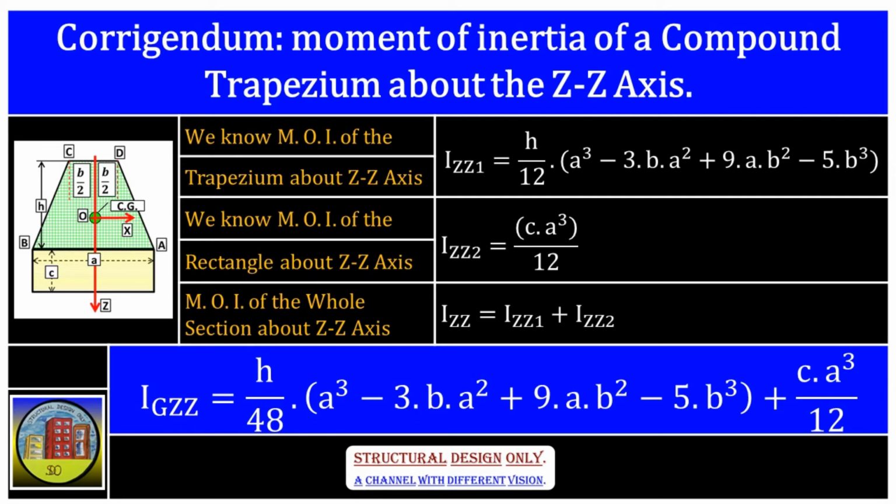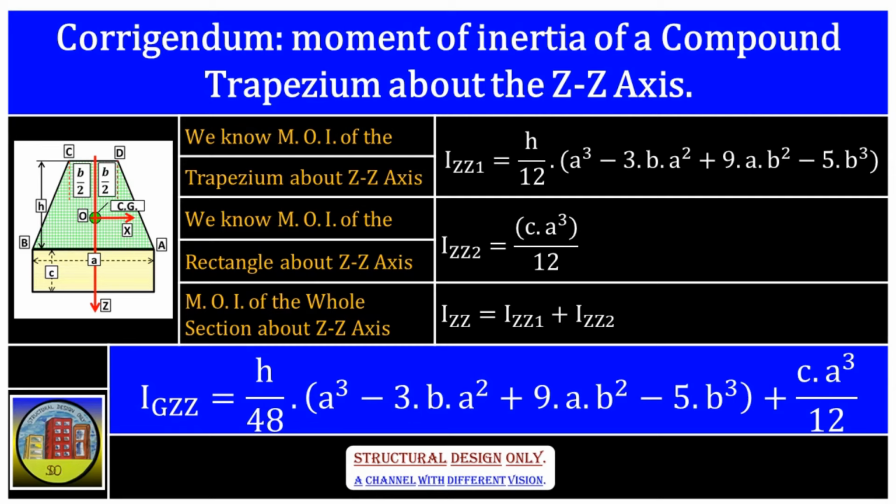Say the moment of inertia of the symmetrical trapezium portion about the ZZ axis passing through the CG is IGZZ1 and for the rectangle is IGZZ2. We already know, IGZZ1 equals 1/12 of h into a cube minus 3b into a square plus 9a into b square minus 5 into b cube, and IGZZ2 equals 1/12 of c into a cube.